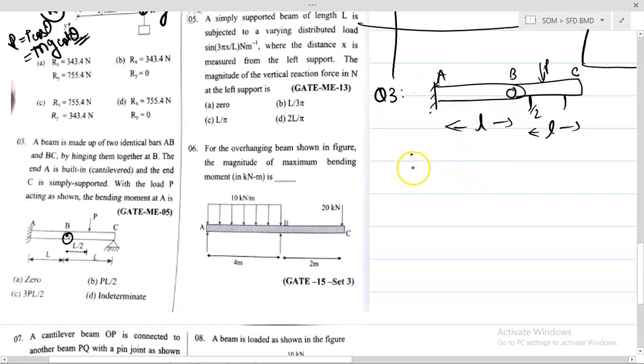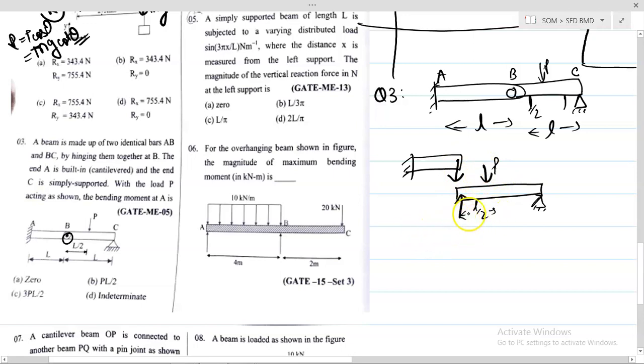First of all, here it has support, so let's split the diagram. We split at B, because here only the reaction force in Y is present. So let us take it this way, and you have a P acting at L by 2.